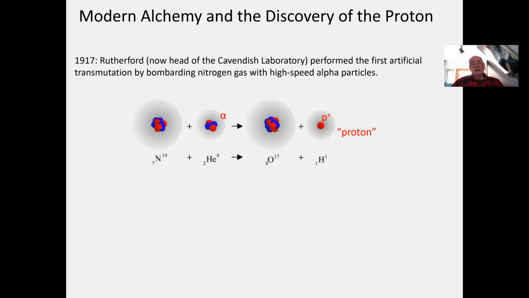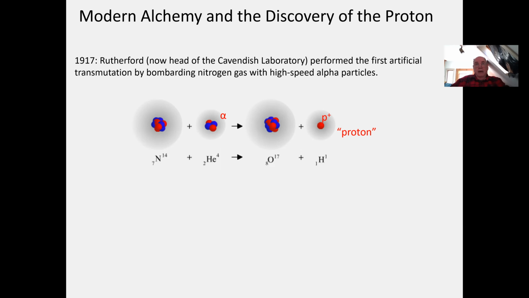Rutherford, being the genius that he is, said, maybe something's going on with the nitrogen or the oxygen. Why don't I simplify this? Let's just take pure nitrogen and then take pure oxygen. So he takes pure nitrogen in his glass tube, does the same experiment, and what he discovers is that not only are these high-speed, individual, single positive charge particles being knocked out, but oxygen is developing in his tube.